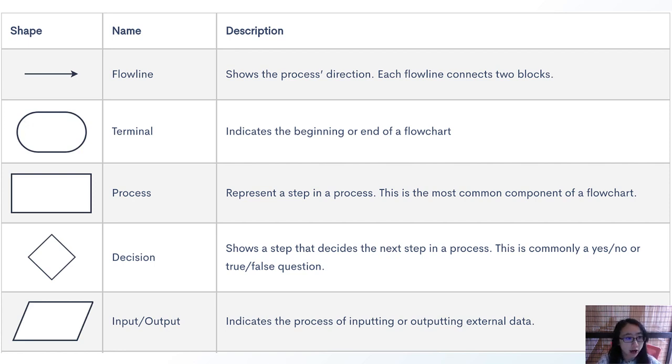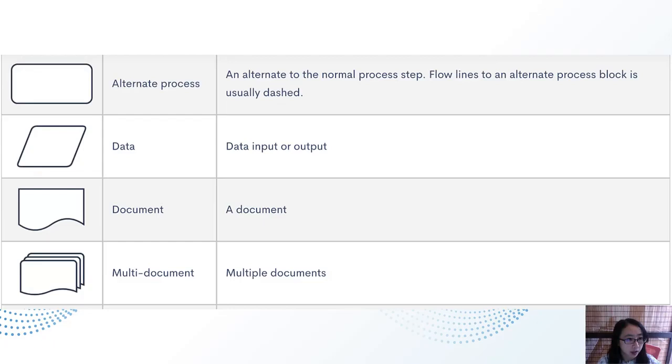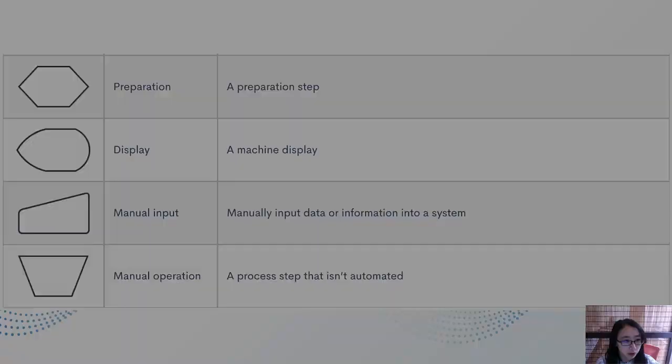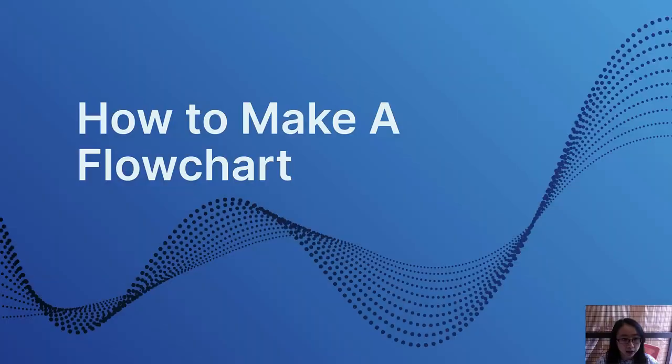And you can look at other symbols as well. However, in this class, when we do process understanding or flowcharting, we are not going to use all these symbols. We want to just make our life easy by using just a simple square.